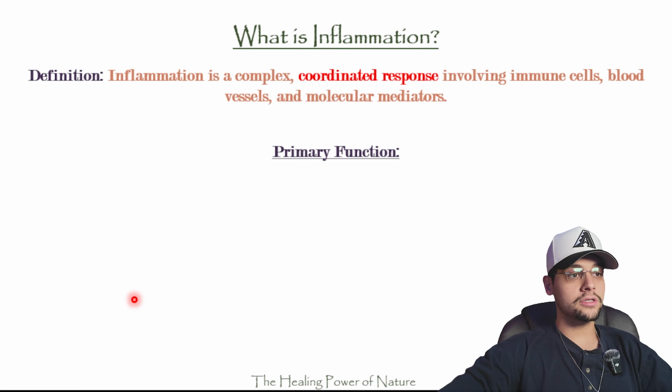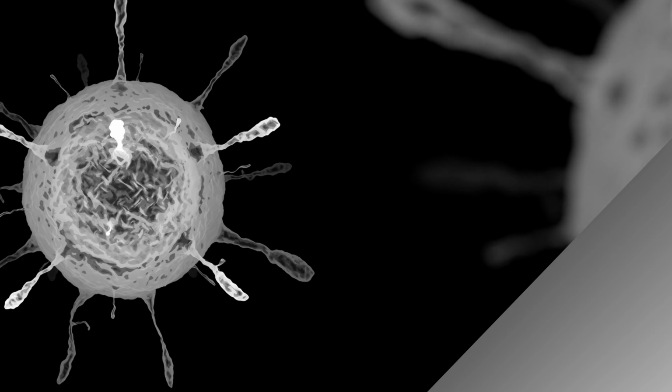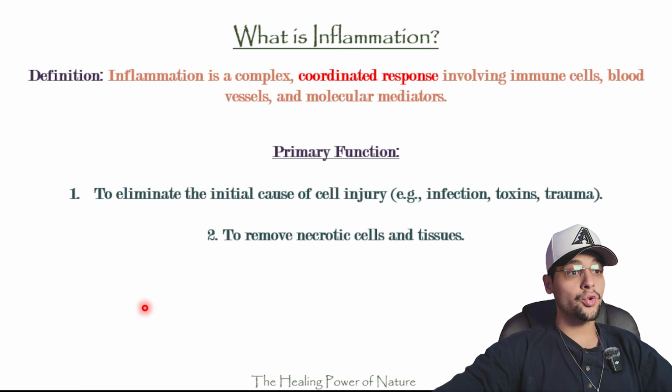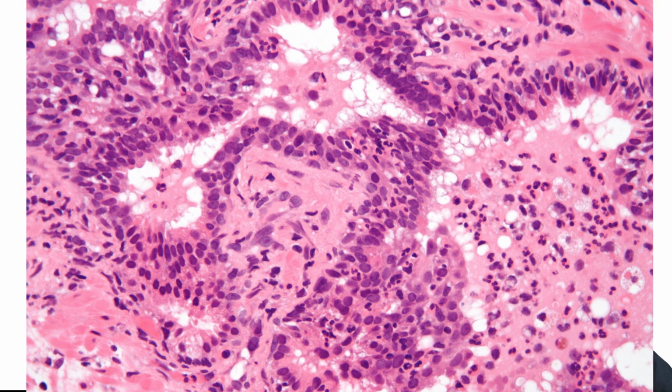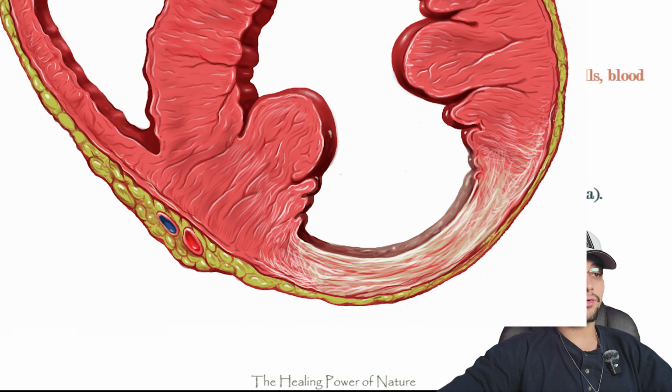Its primary functions can be divided into 3 distinct steps. First, to eliminate the initial cause of cellular injury, for example, infections, toxins, or even trauma. Second, to remove necrotic tissues or cells that are dead. And 3, to initiate tissue repair and regeneration.